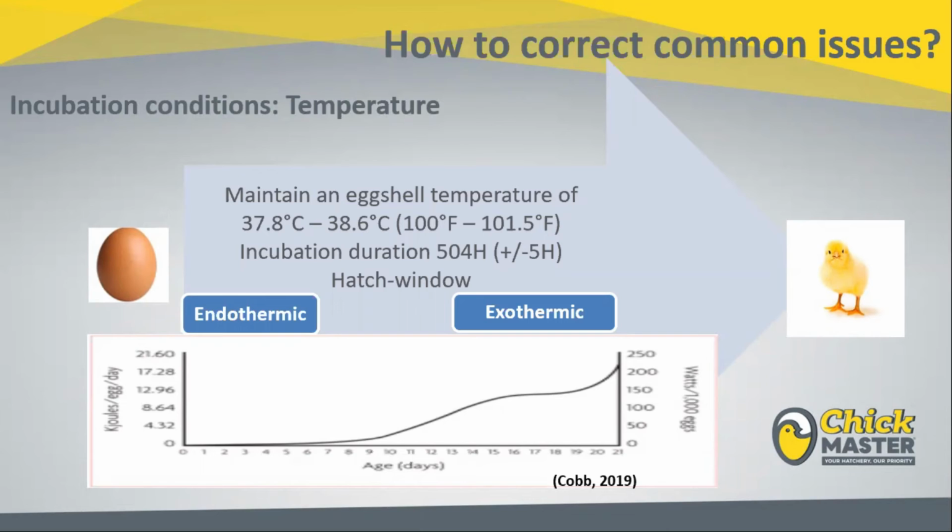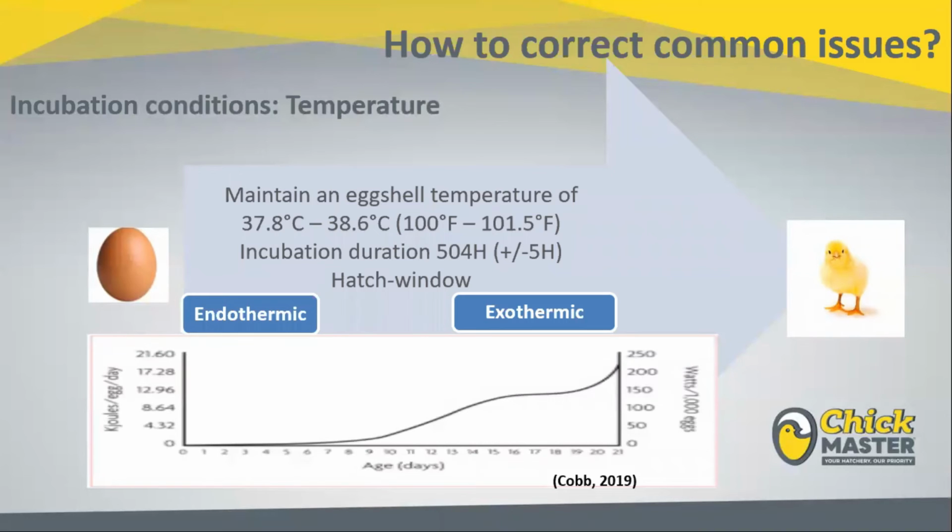In the first period of incubation, the egg is endothermic, and in the last stage of incubation, the egg is exothermic, as we have development of the embryo with active metabolism and release of heat. So for the first period of incubation, the egg needs to be heated, and for the last period, we need to remove heat.